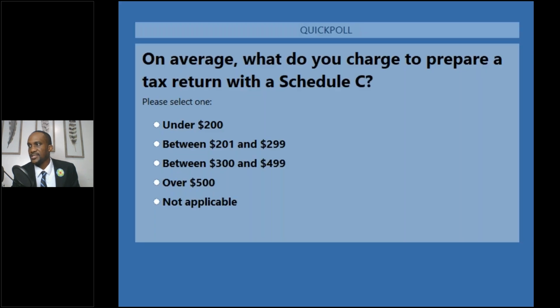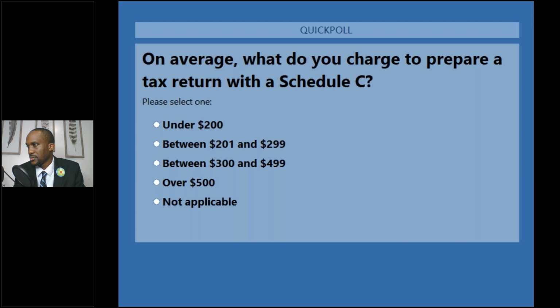Just curious to see, on average, what do you charge to prepare a tax return with a Schedule C? Do you charge under $200, anywhere between $200 and $299, anywhere between $300 and $499, over $500, or not applicable? Maybe you're here for training purposes. So just curious, on average, what do you charge for those types of returns?